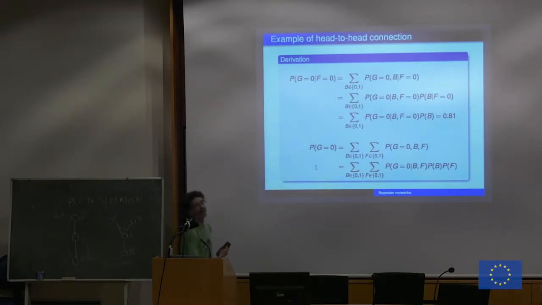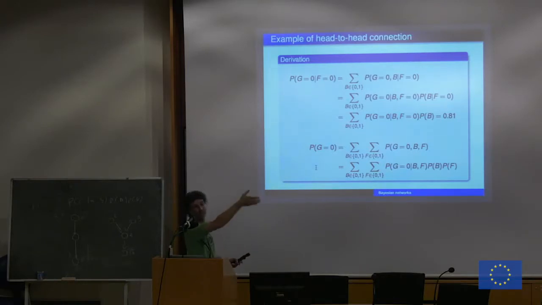Now here you're not done yet because you have in your table G given B and F and not G and B given F. And here you can use the product rule: G and B given F is equal to G given B and F times B given F. You took B on the other side.